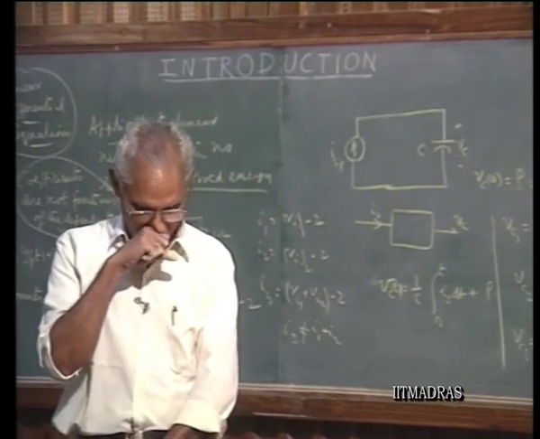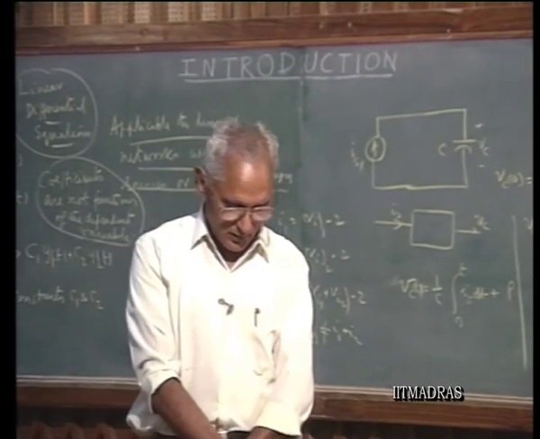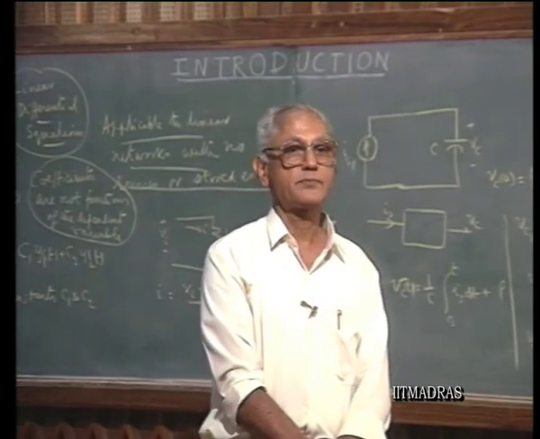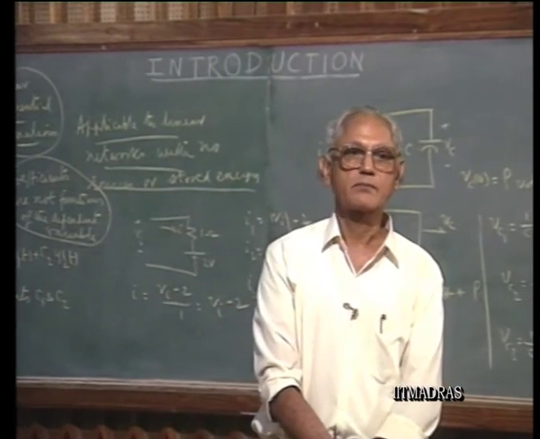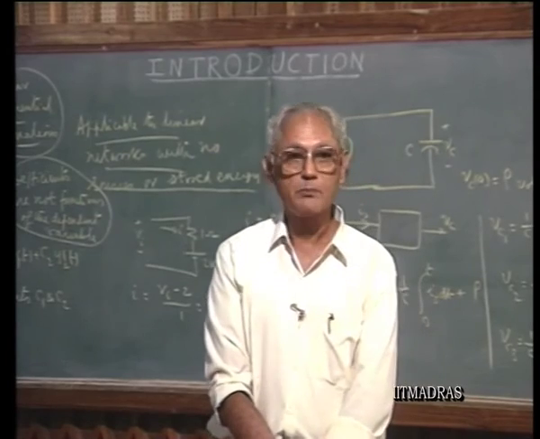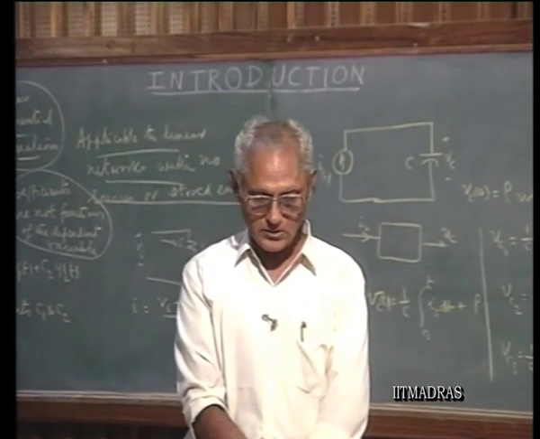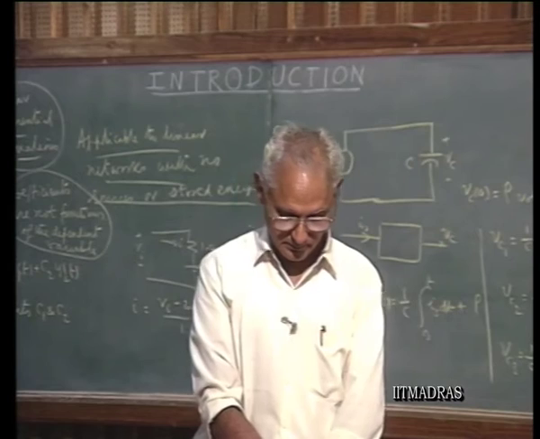And then we also talked about the modeling of a system. Modeling of a system is done in the form of ideal components put together to constitute the system, interconnected in some fashion.